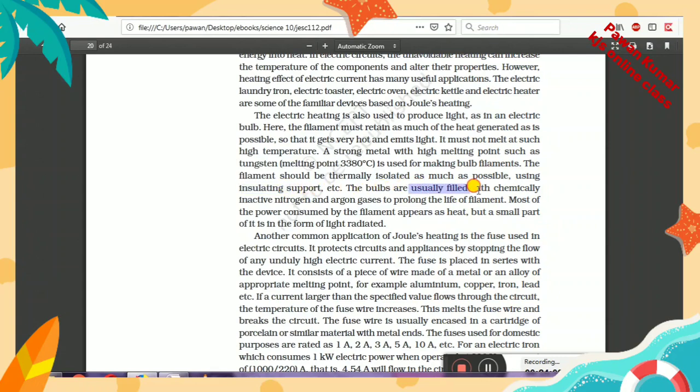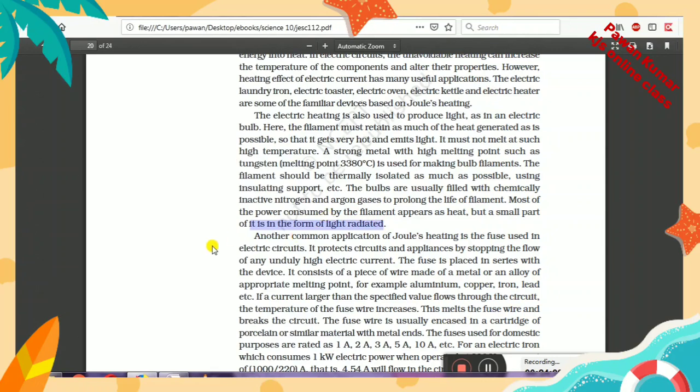Due to that insulating gas, there will be no chemical reaction occurring, and the filament will remain safe. Understood? Which type of gases we can use? Nitrogen, argon, these type of gases we can use, and it can prolong the life of filament, right? Most of the power consumed by filament appears as heat, but a small part of it in the form of light.